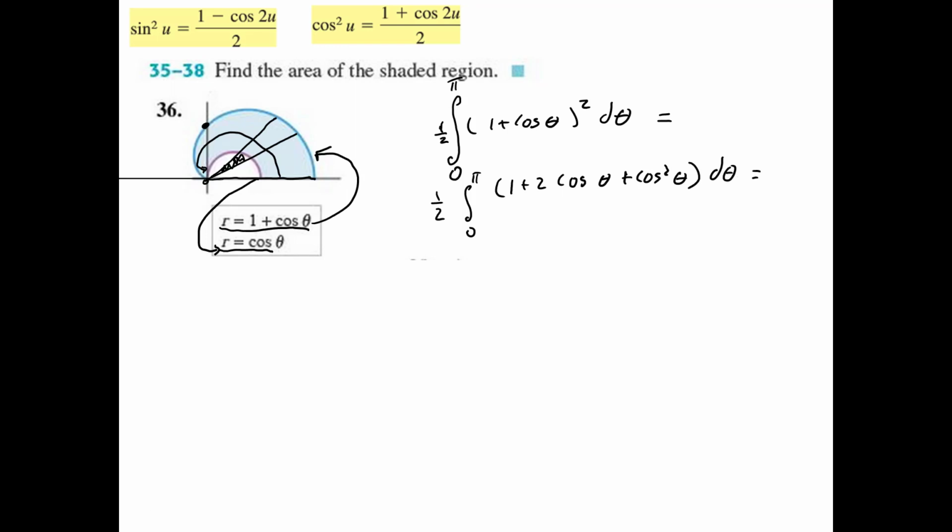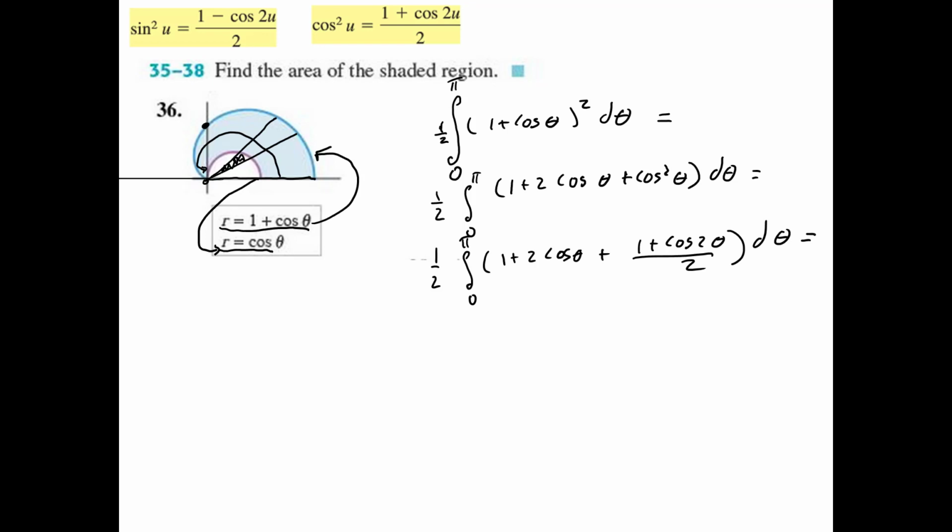And so then again, using the identity, 1/2 the integral from 0 to pi of 1 plus 2 cosine theta plus (1 plus cosine 2 theta) all divided by 2 d theta.